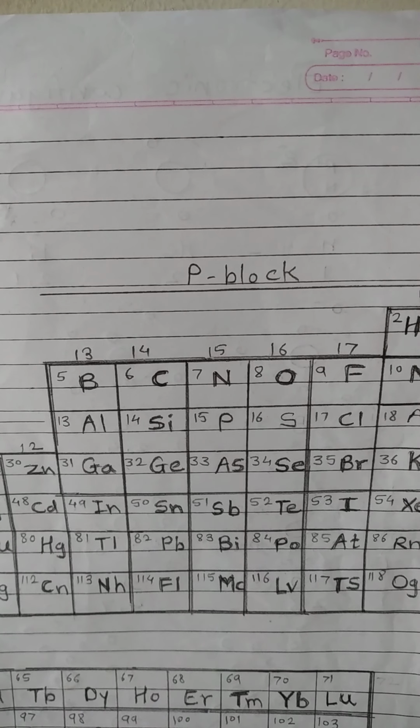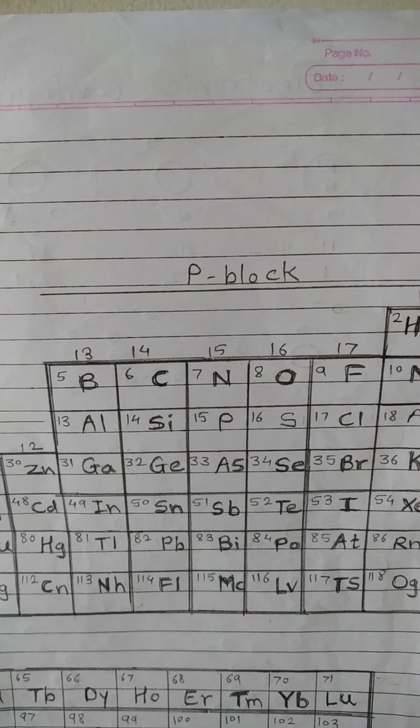Look at group 17: fluorine, chlorine, bromine, iodine. These are the family of halogens. We can say the electronic configuration of the outermost shell is characteristic of a particular group.